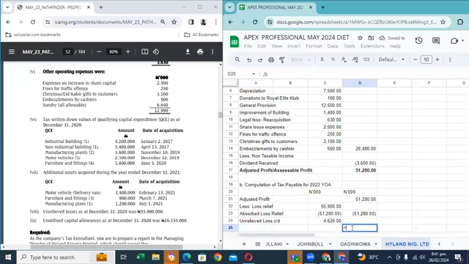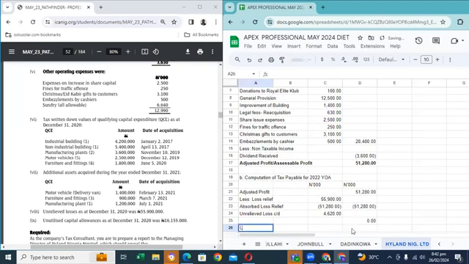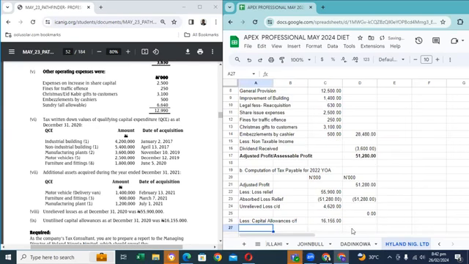The difference between the two is what? Less capital allowances. Carry it forward. Carry forward. That is English, you know. What's the carry forward figure? 16,155. Right?